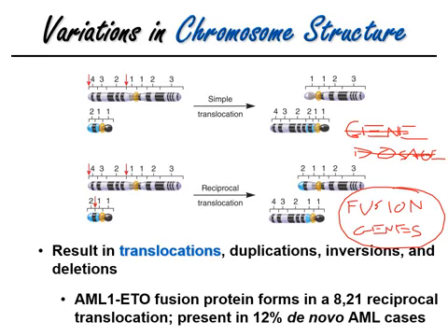Where did that come from? 12% of those cases have the AML1-ETO fusion protein. So there's a correlation between the AML1-ETO fusion protein and 8;21 reciprocal translocation and acute myelogenous leukemia. There's another one. I don't know if I have it on the next slide or in the next bullet point, but there's another one between 9 and 22. And so that one is for CML. So that's chronic myelogenous leukemia.